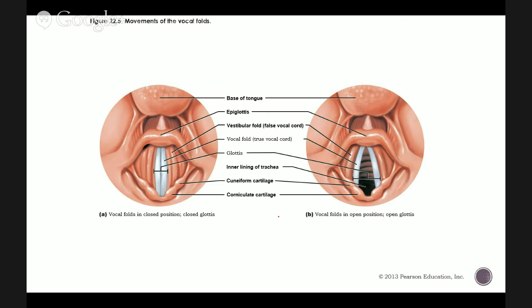When the vocal folds are in the open position, open glottis, no sound. So if we're breathing and we're not talking, the vocal folds are separated. You can also perform other actions that involve the vocal folds, like coughing.